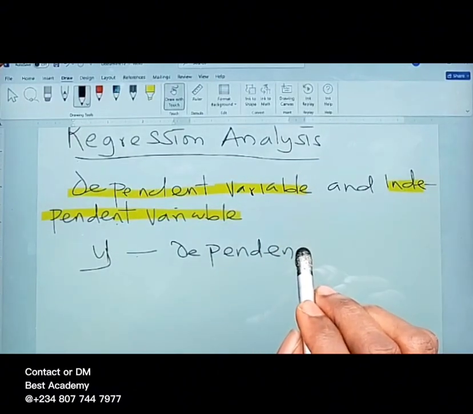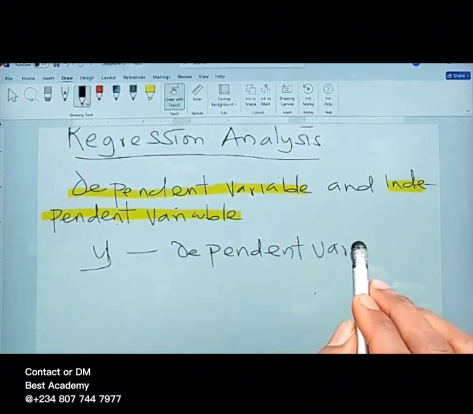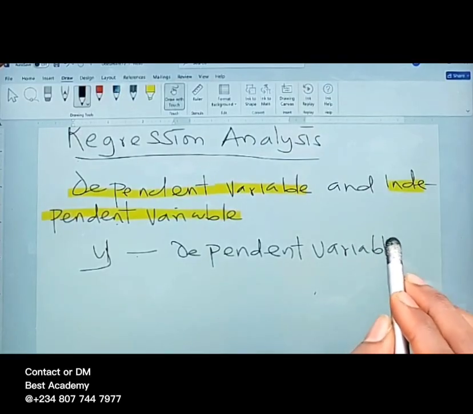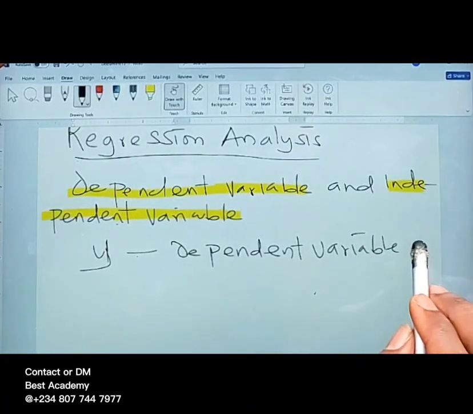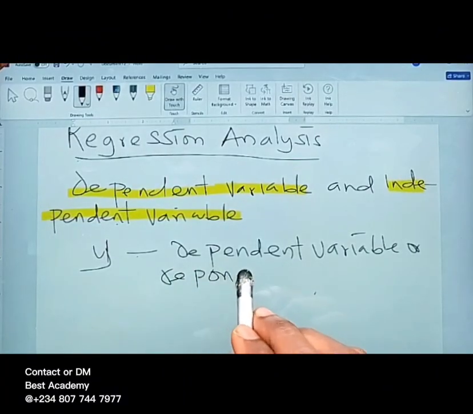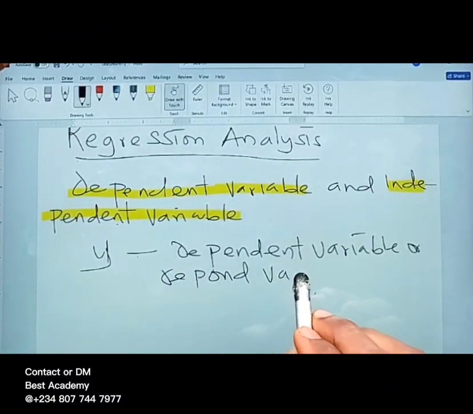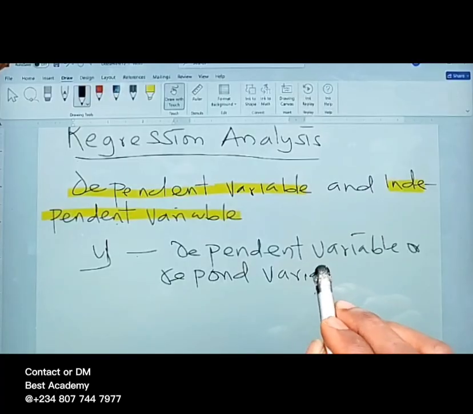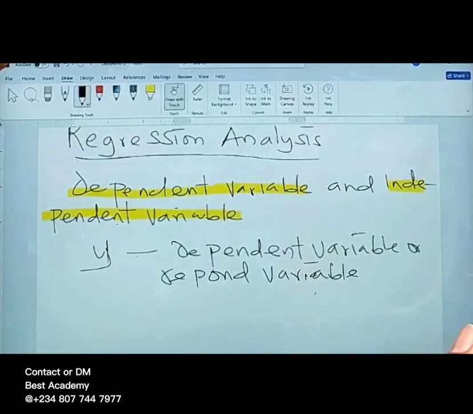Y stands as dependent variable, or you can call it response variable. Please take note.